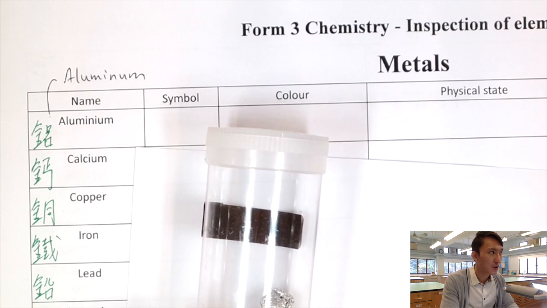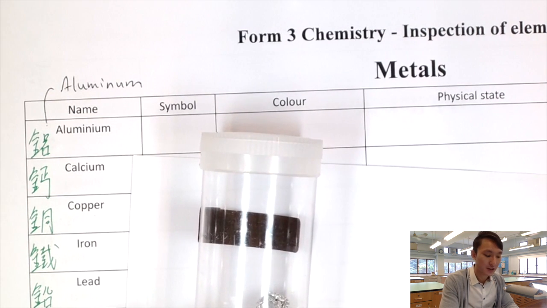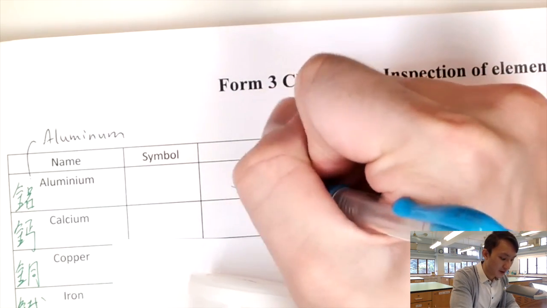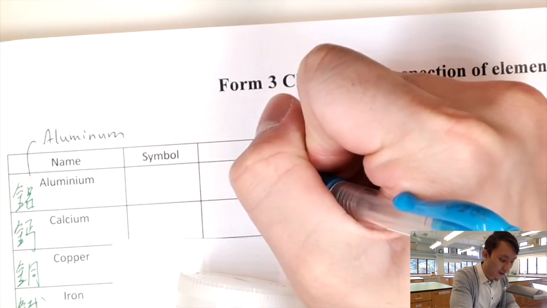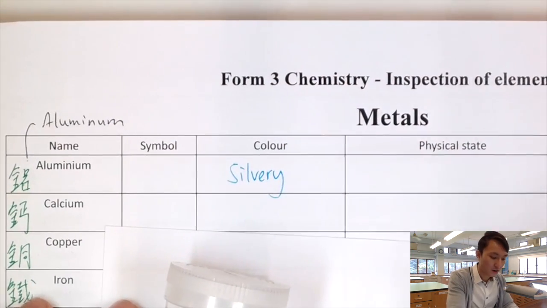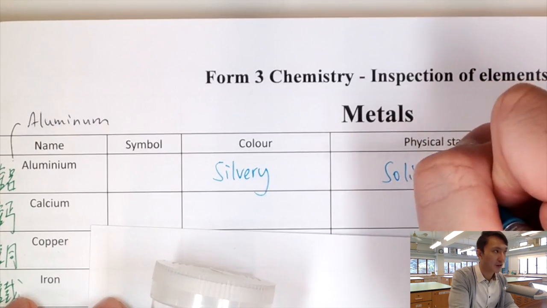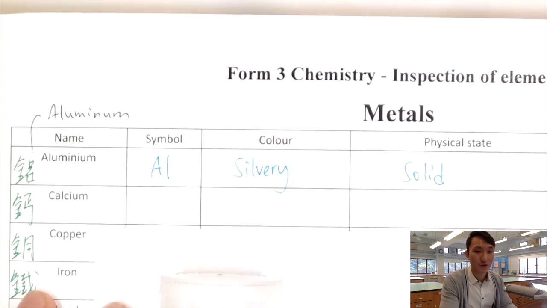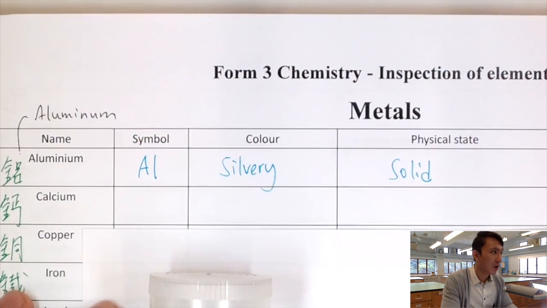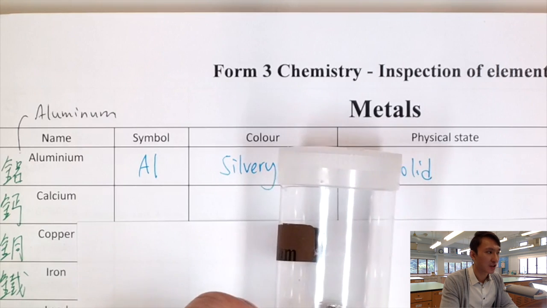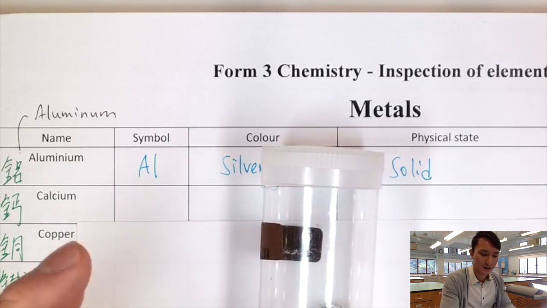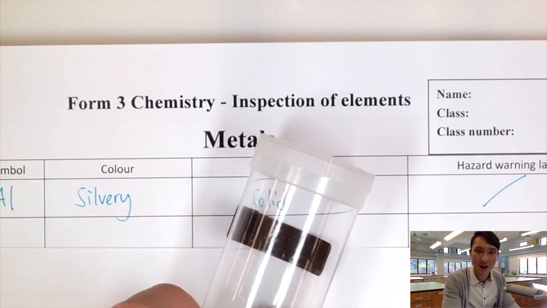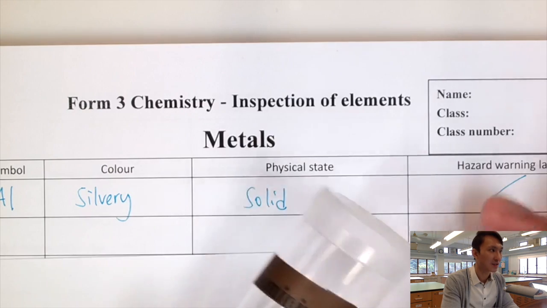Judging from the appearance, I will put it down as silvery. Silvery color, and this is obviously a solid. The symbol is Al, and you actually need to memorize this. Now, does it have any hazard? Of course it doesn't. If it were dangerous, then you wouldn't use it to wrap your food, right? So this is aluminium.